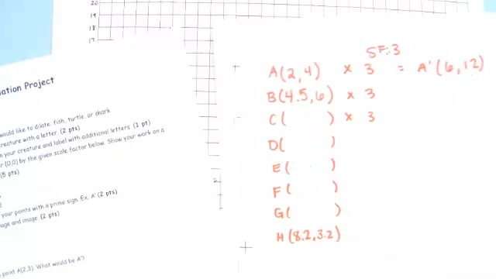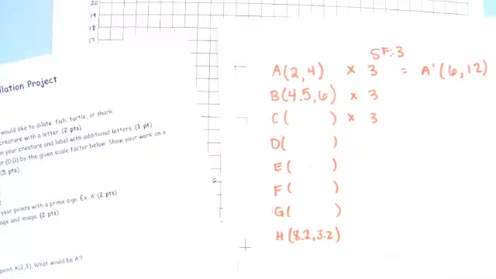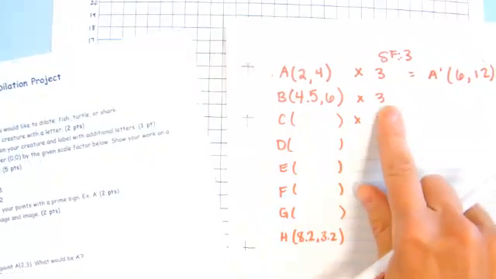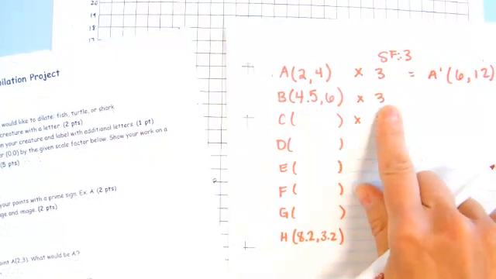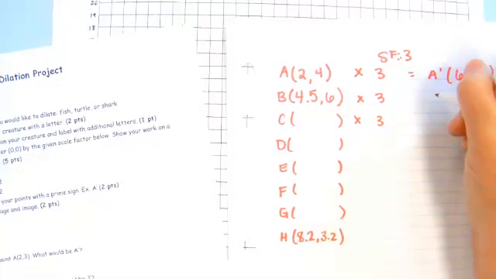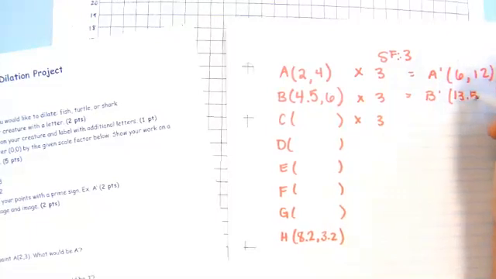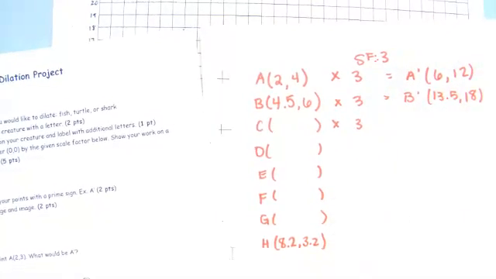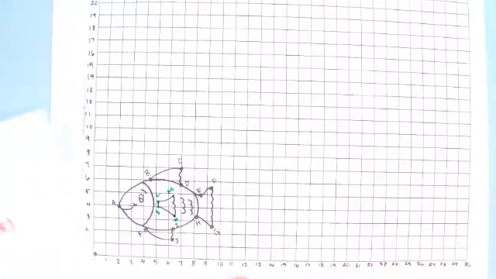Then you're going to put those points back on your graph. Let's do B as well. 4.5 times 3 is 13.5, comma 18. You list them all out and then put them back on your graph. So 6 comma 12 was my first one for A prime.